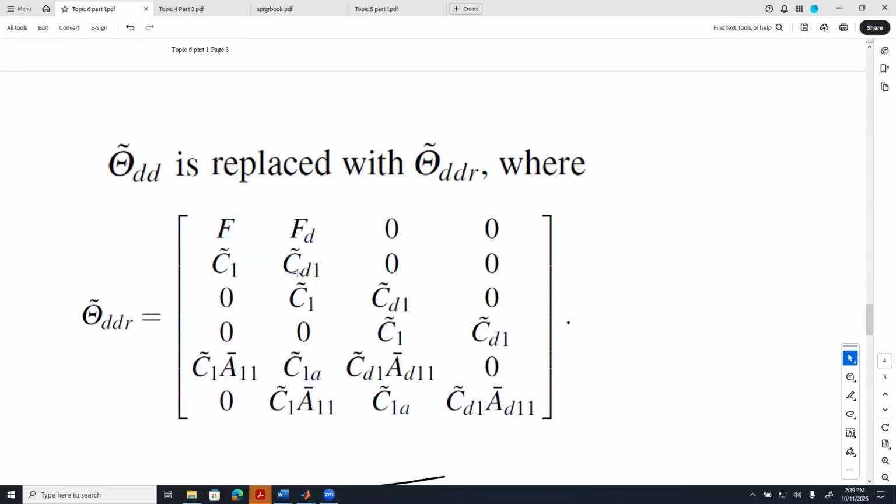In other words, the number of rows would normally be less than the number of columns. For example, if you have fewer output measurements, then the number of rows in this matrix makes it more or less a row matrix.